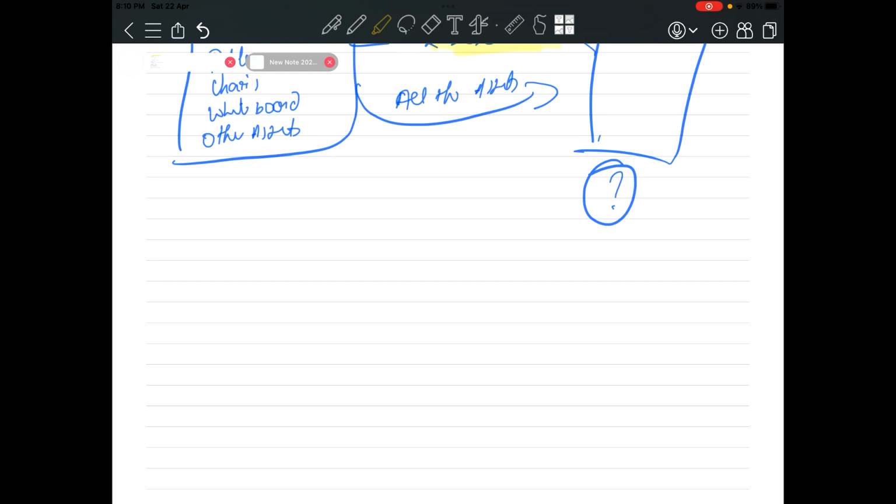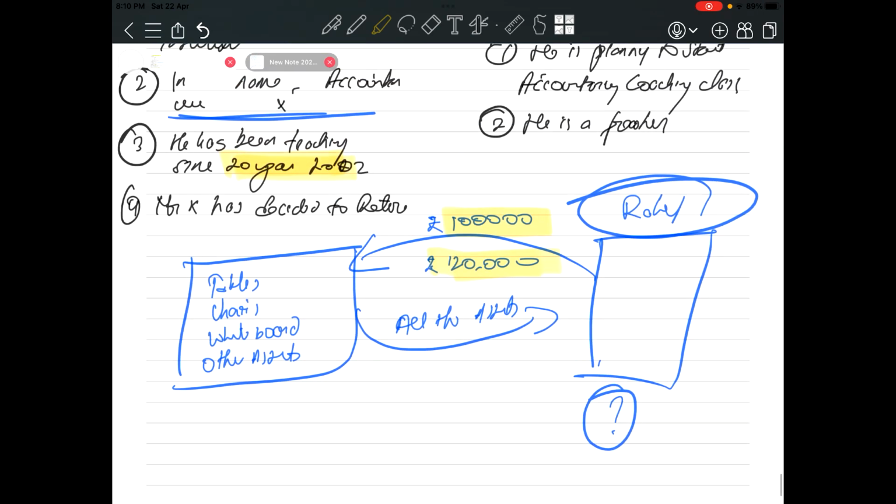Because of my name, you will get a readily available market. All the students who know me will come to your coaching class just because of the name Accountancy with Mr. X. So this 20,000 is for the goodwill, for the name which I have generated over the years.